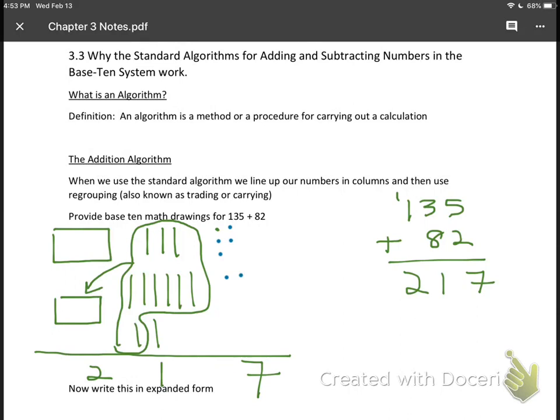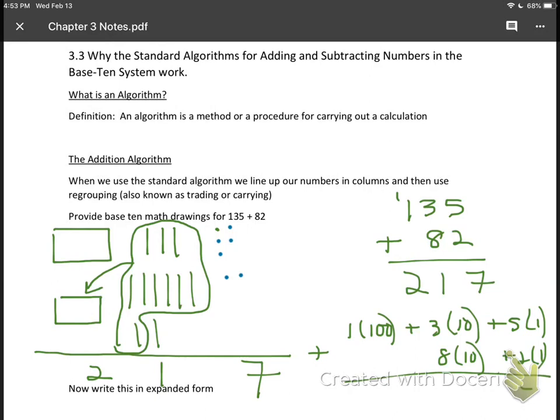Okay, you can also do this in expanded form. If you're going to write the numbers in expanded form, you're going to write 1 times 100, plus 3 10s, plus 5 1s, and then plus 8 times 10, plus 2 1s.